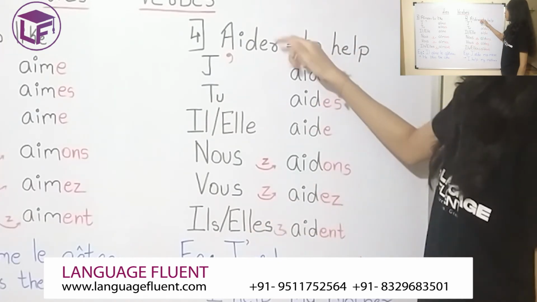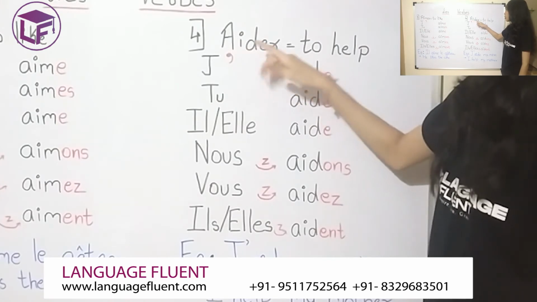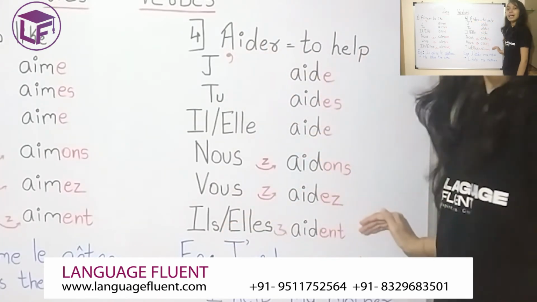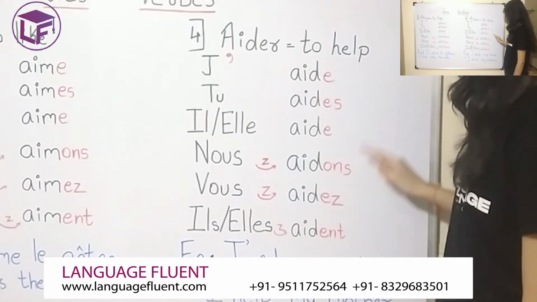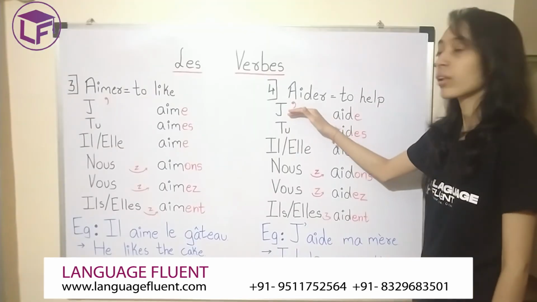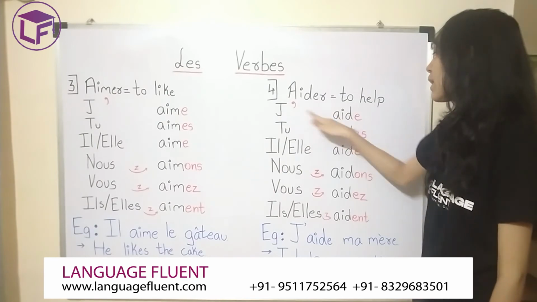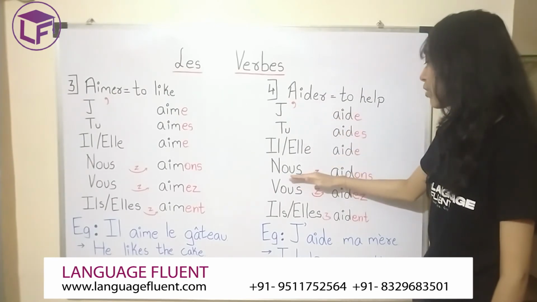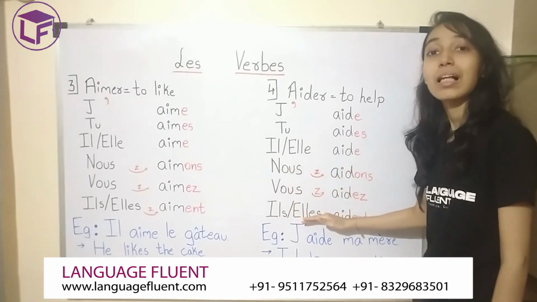From aider, we cut er, and we add aid to each and every subject pronoun, and we add endings e, es, e, ons, ez, ent. Now again, here we eliminate e from je, as e and a are vowels, and we add an apostrophe, and we have liaison in nous, vous and ils, elles forms.